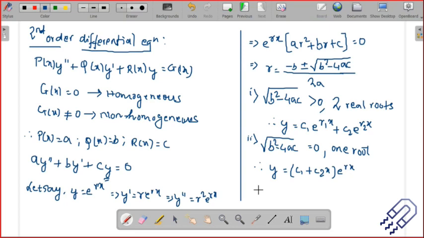And then what is the third possibility? The third possibility is less than 0, that means it is an imaginary value. So b square minus 4ac is less than 0. Okay, that means you're going to get two roots. One is r1 equal to alpha plus i beta, and then r2 equal to alpha minus i beta.